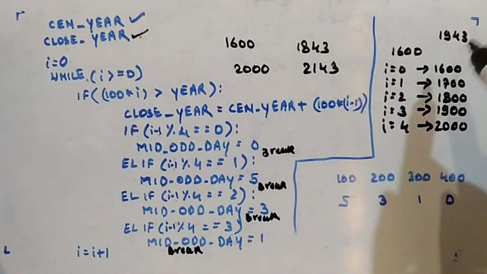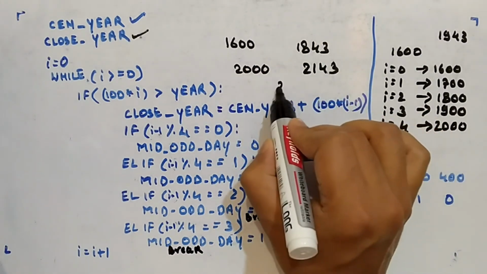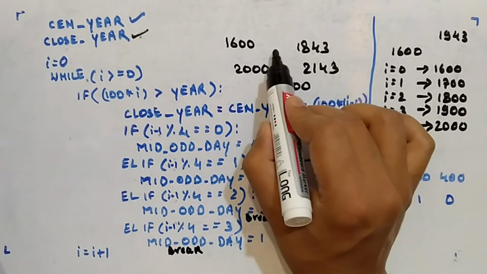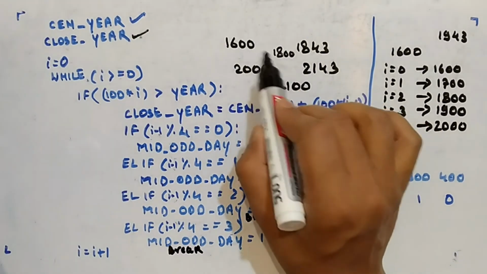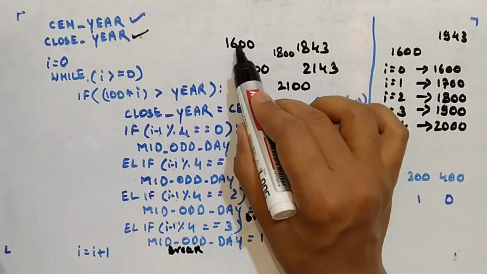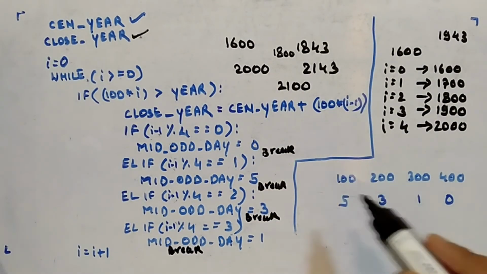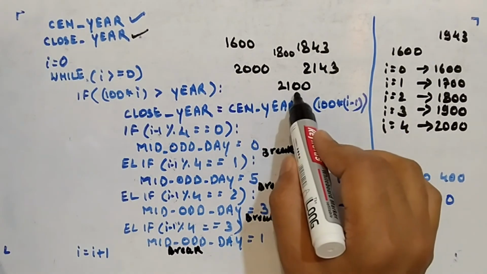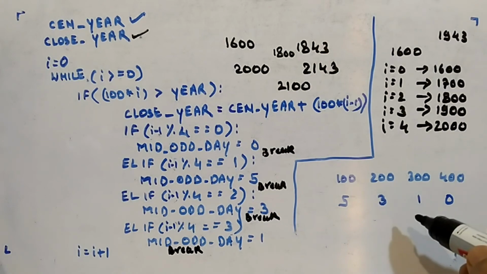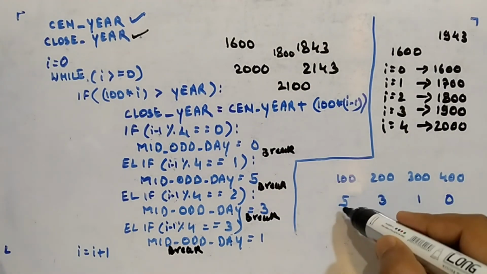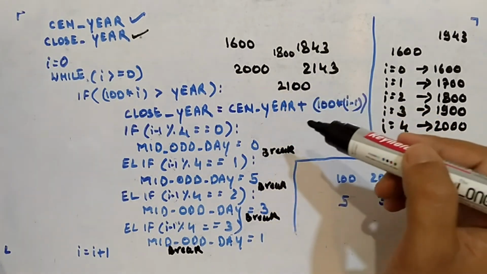The second step is the closest year. So the closest year will be 2100 for this one and 1800 for the other. Coming from there to here, how many years have you traveled? 1600 to 1800 is 200 years. 200 years is 3 odd days. Similarly here, only 100 years traveled, which means 5 odd days. So this is what it is calculating.